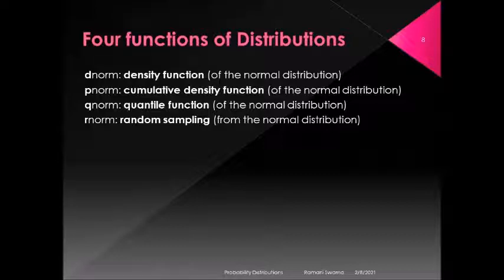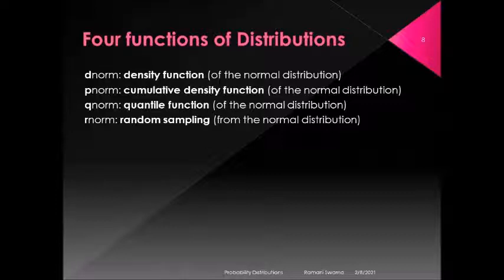You can see density function, cumulative density function, which is also called CDF, quantile function, and random sampling. So here you will see the names for the four functions of the distributions. What are they? You have the D function, P function, Q function, and R function.